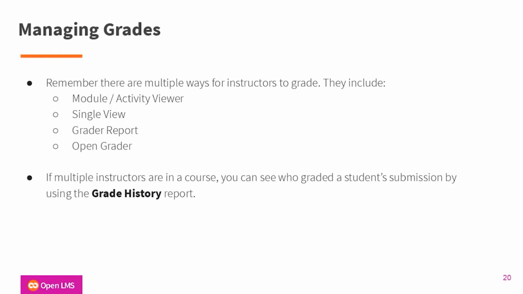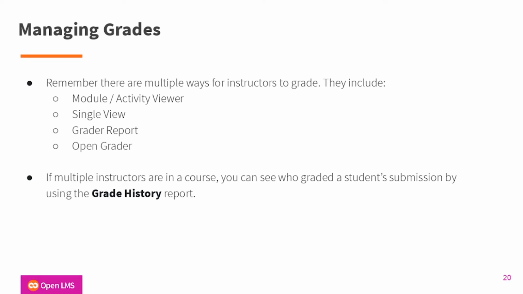They can grade an activity from the activity viewer or the module. So you click on the activity viewer or the module, for example, the assignment. If you go into the course content area in section number 1 and assignment number 1, you click on the assignment, you can see how many submissions have been made, and then you can grade from there.